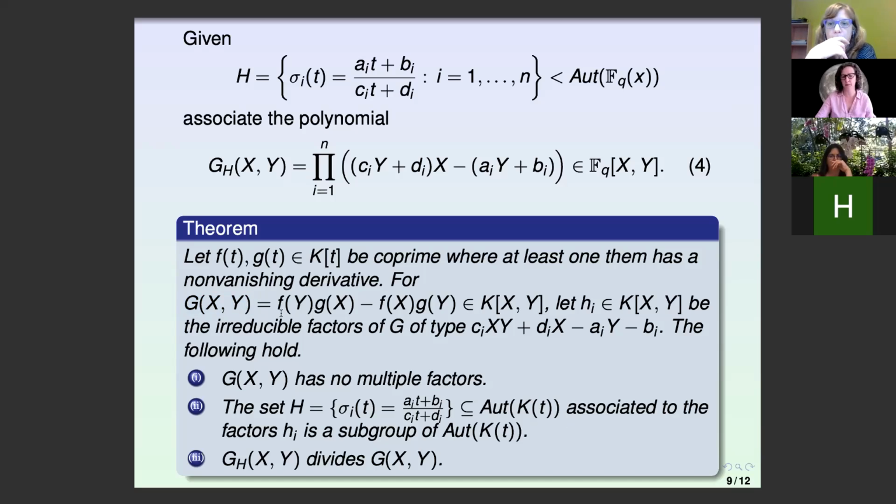So, for example, if all irreducible factors of your curve are conics and lines, then actually these 2 polynomials have to be the same. This is what we actually use for the general results.